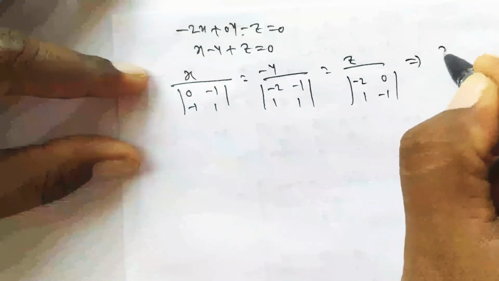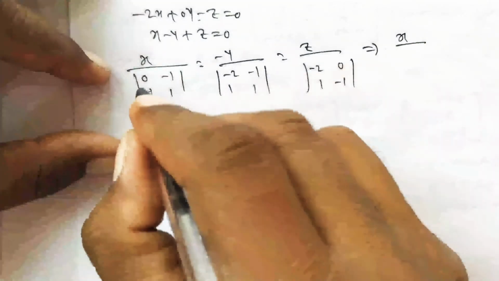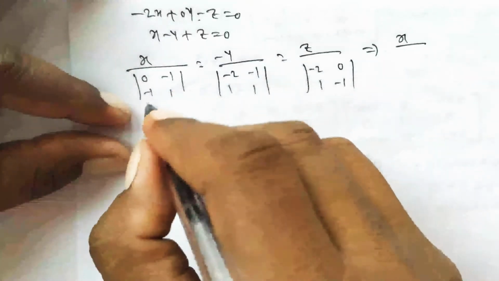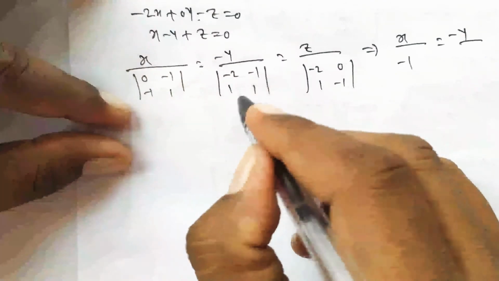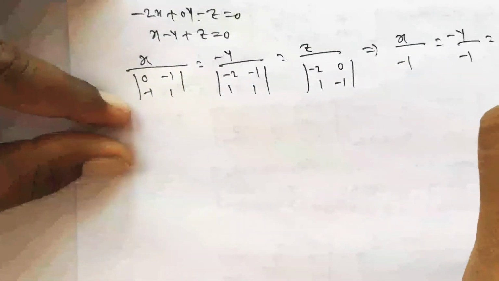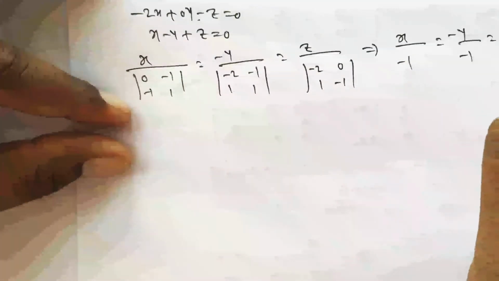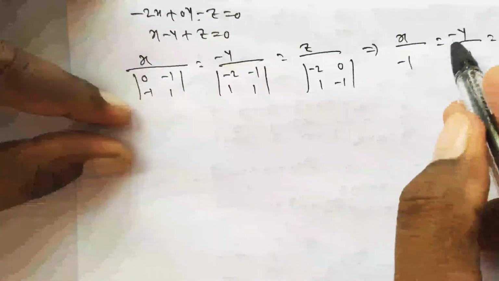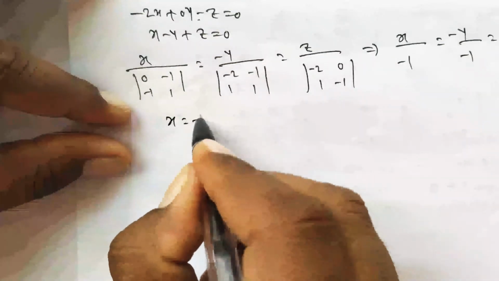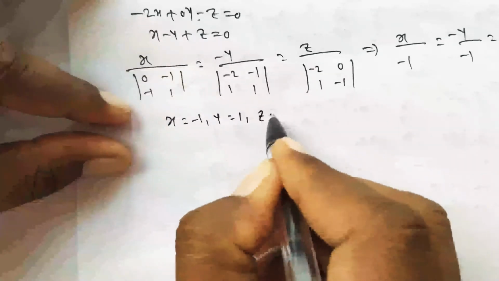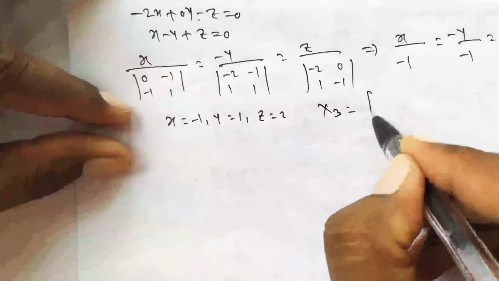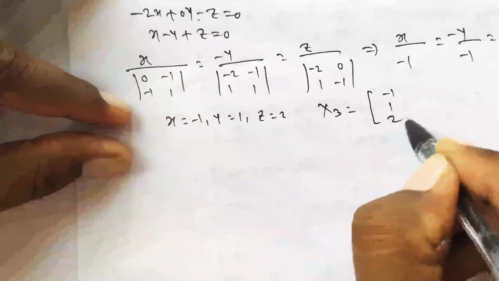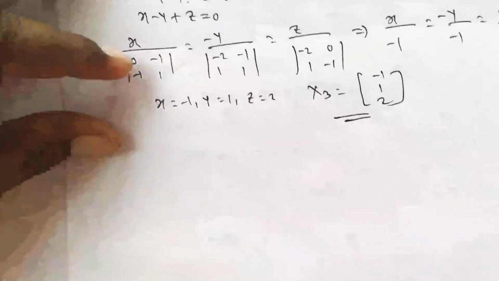Okay, and if we expand this, then we will get x upon 0 minus minus plus again minus, that is minus 1, equal to minus y upon minus 2 plus 1 is minus 1, and equal to z upon 2 minus 0 is 2. So this minus plus, so x equal to minus 1, y equal to 1, z equal to 2. So the third eigenvector x3 is equal to minus 1, 1, 2. Okay, so this is the third eigenvector for lambda equal to 3.